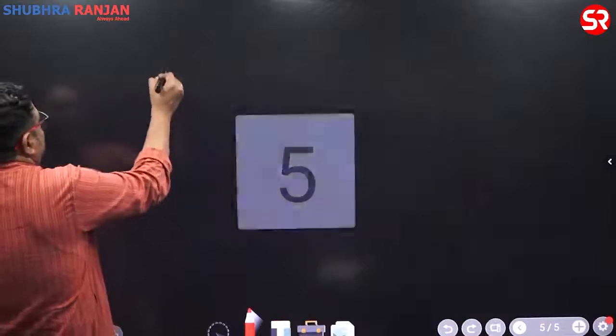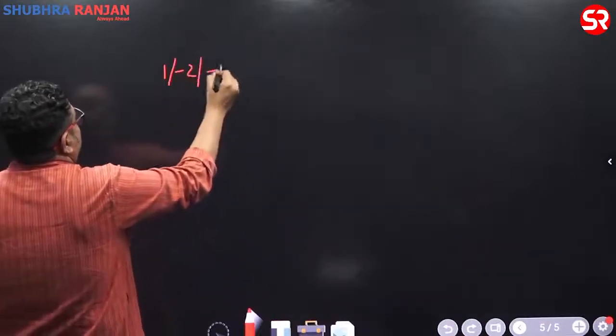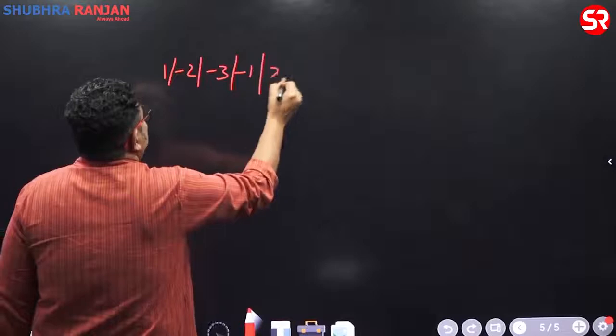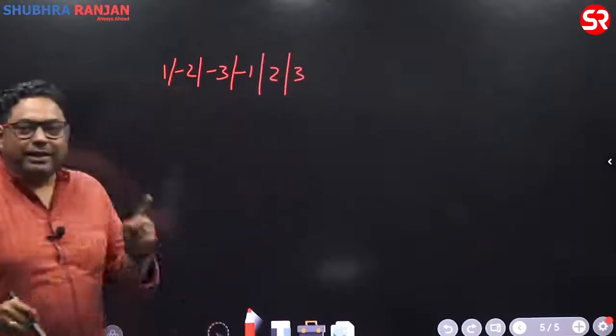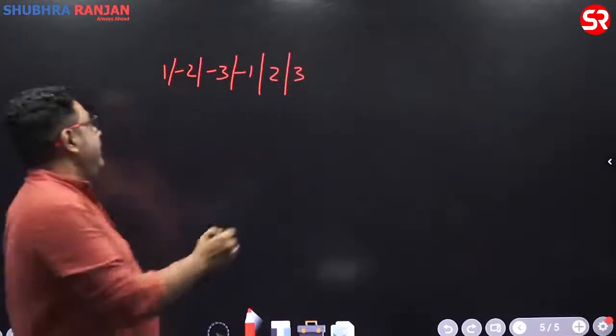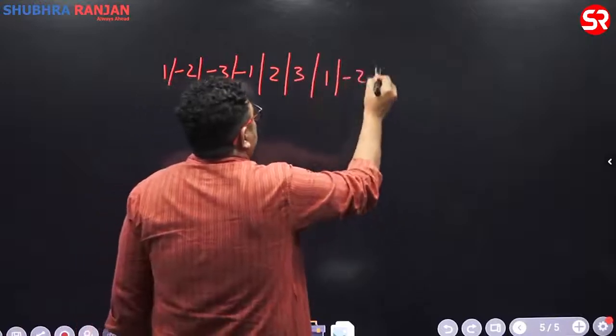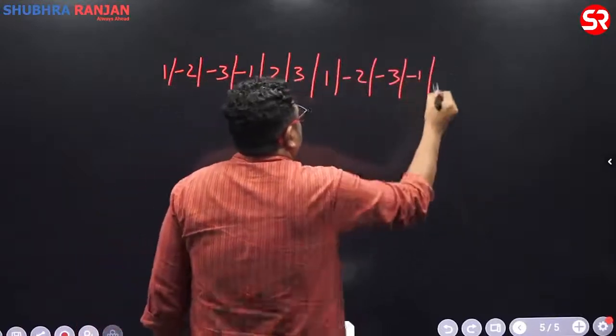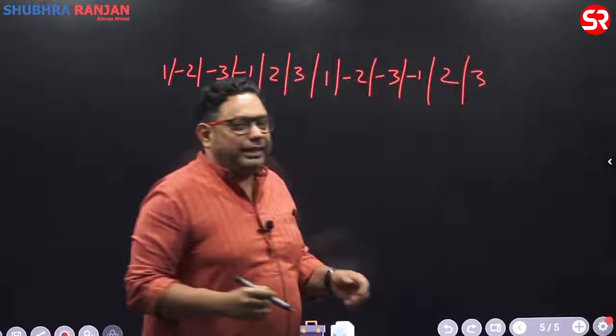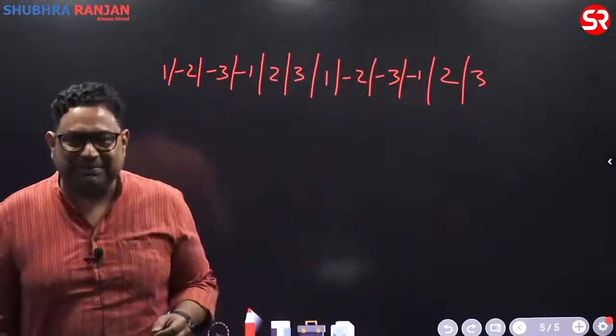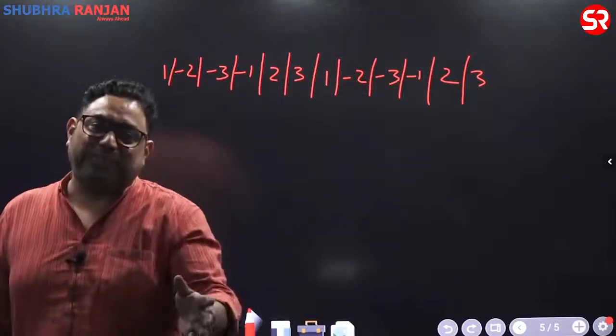It should then be 1, minus 2, minus 3, minus 1, 2, 3, and repeat the series. Again, 1, minus 2, minus 3, minus 1, 2, 3, and repeat it as many times as you want. Clear? As many times as you want it.